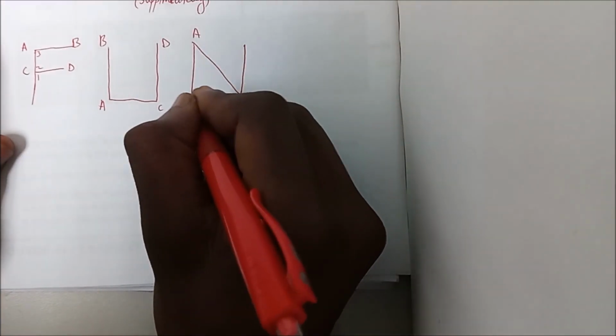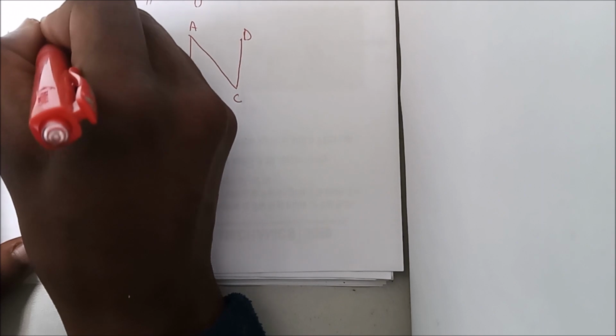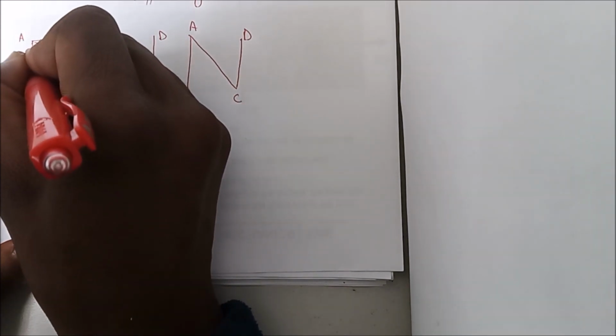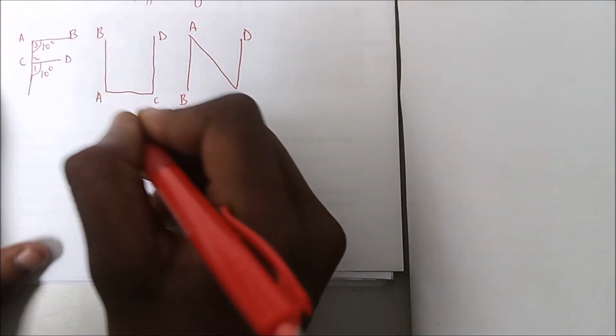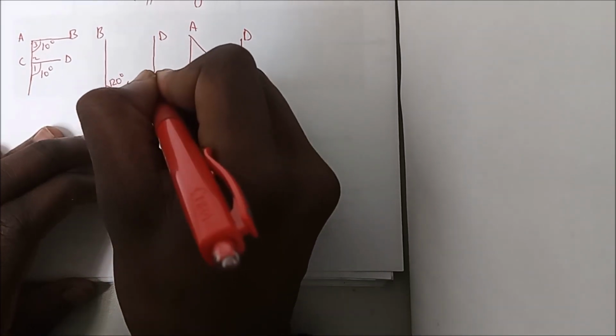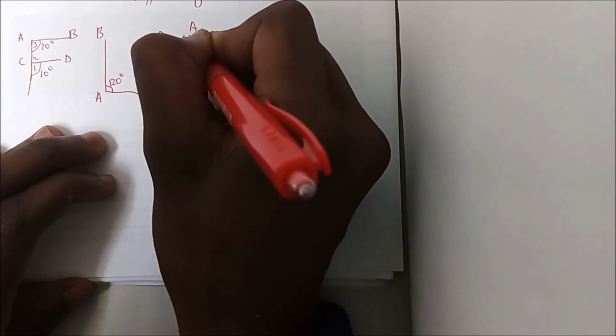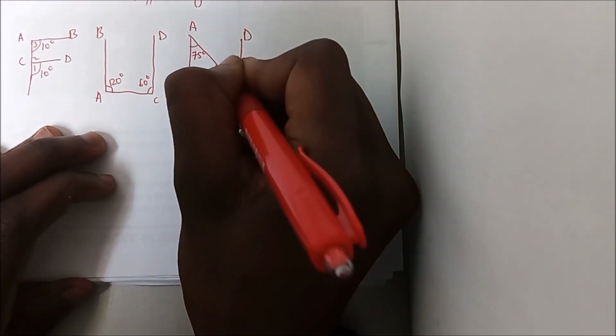So this is A, B, C, D. So now I'm going to give you values in these things. So let's say this one equals 10 degrees and that one equals 10 degrees. And we say this one is 120 degrees and that one is 60 degrees. That one is 75 degrees and that one is 75 degrees.